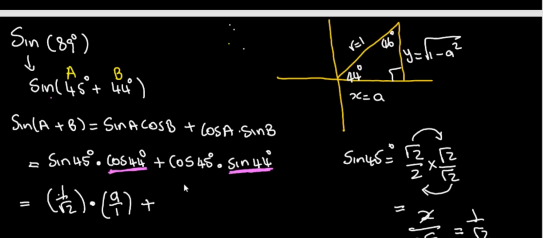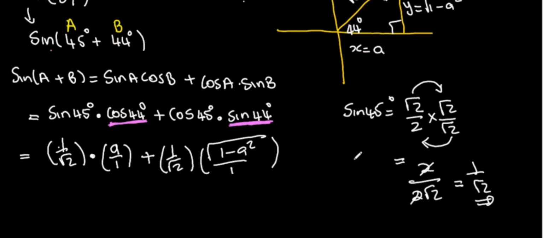Punch that on the calculator, we get root 2 over 2. I'm going to substitute that as 1 over root 2. Then let's close the bracket. The sine 44 is opposite over hypotenuse. This will be the root of 1 minus a squared, all over the hypotenuse, which is 1.